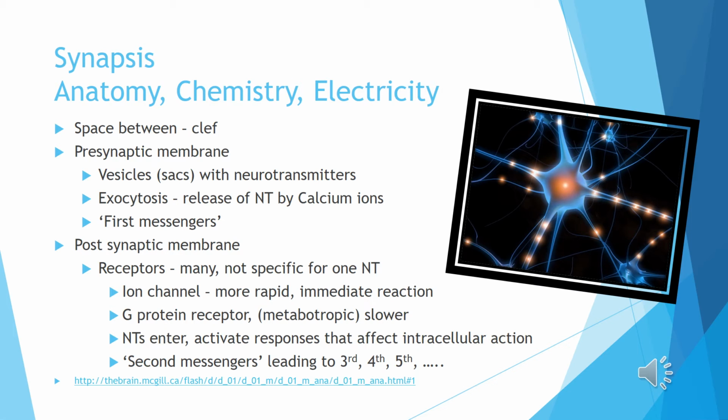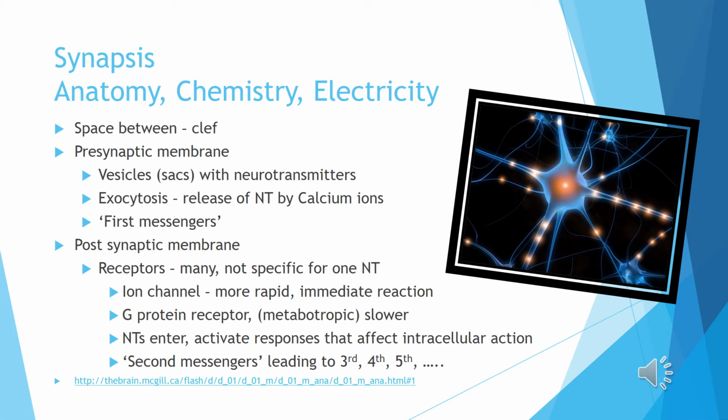And these neurotransmitters are called first messengers. As they bind into the postsynaptic membrane, there are receptors, many different receptors, not specific necessarily for one transmitter. And those receptors are of several types. They are ion channels that are more rapid and immediate, responding to calcium and sodium, etc. And there are G protein receptors, which are slower, or they're called metabotropic, and the ion channels are called ionotropic.